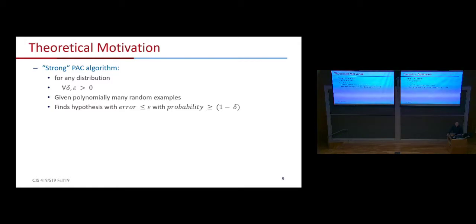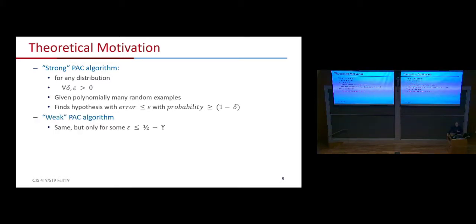That says that for any distribution, for any positive epsilon and delta, if you see enough random examples, a strong PAC algorithm can find a hypothesis with error less than epsilon, with high confidence, at least 1 minus delta. That's what it means. The key issue is that you can find a hypothesis with as small an error as you want. You can choose your epsilon, and the number of examples will just have to go up as your desired epsilon goes down.